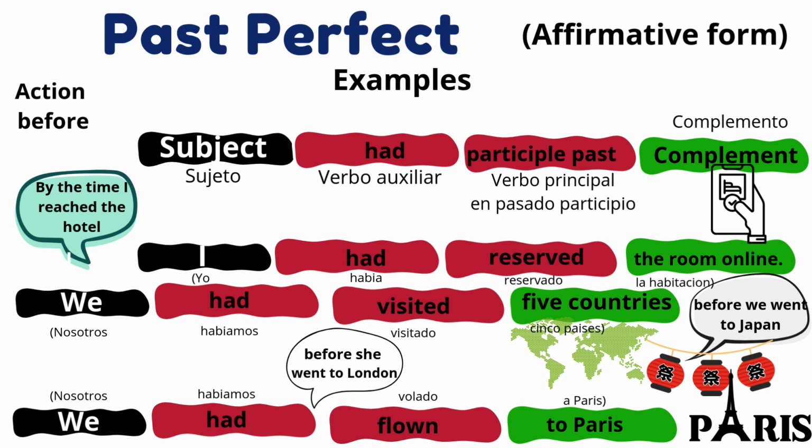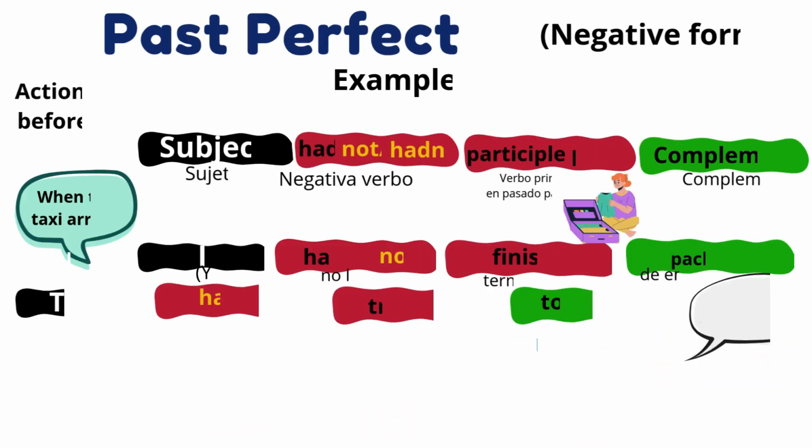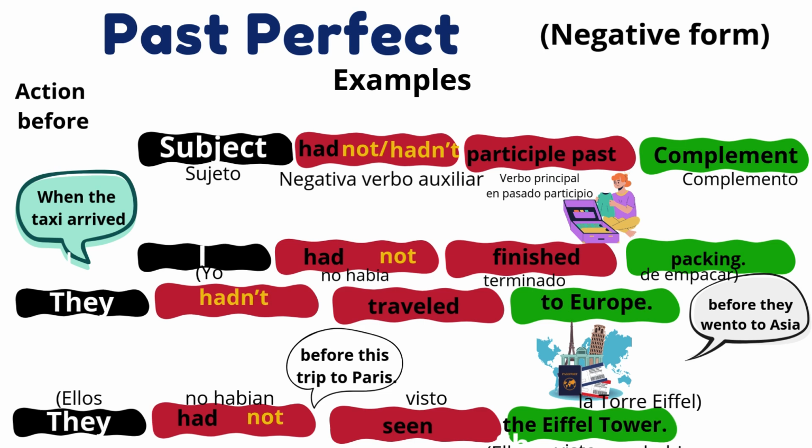Now let's check the negative form. In the negative form, you need the word not after your auxiliary verb. You can say had not or hadn't. For example, I had not finished packing.